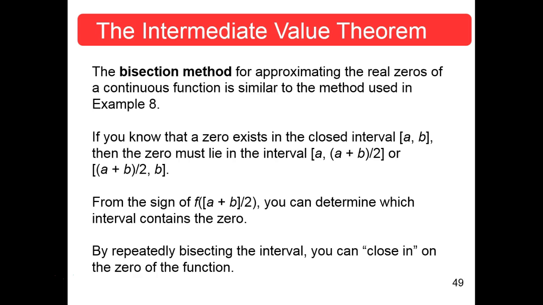Bisection method is sort of like good old Archimedes, who was one of the greatest ancient mathematicians of all time. Probably ranks right up there with Newton and probably Gauss or Euler. Yeah, there's several really great ones. But good old Archimedes was as much engineer as he was mathematician.